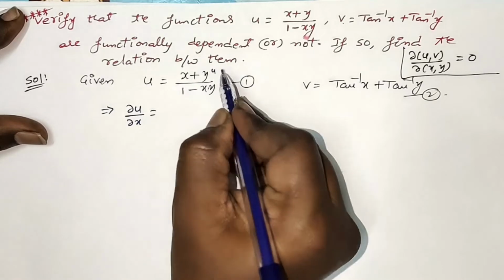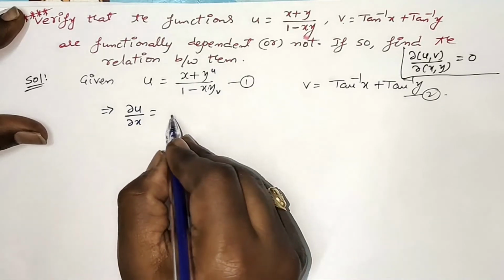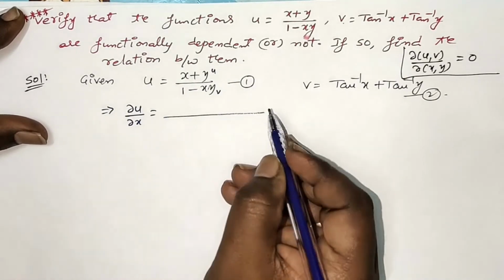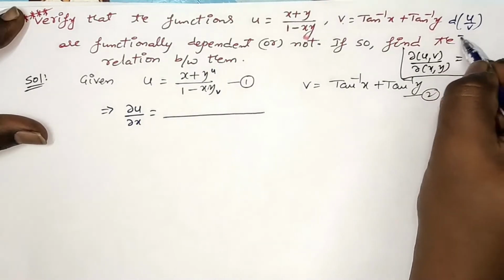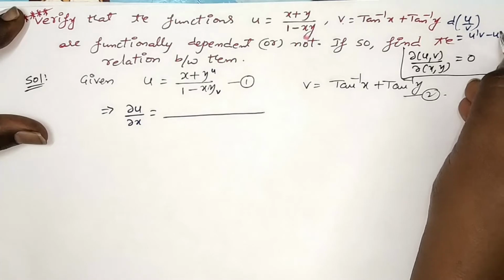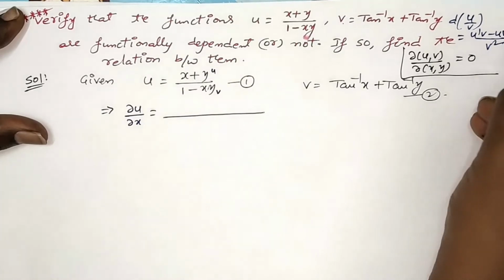So you should apply the division rule in the differentiation. Already you know it. Derivative of u by v is equal to (u dash v minus u v dash) whole by v square.